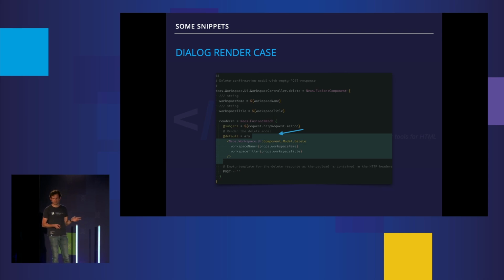We have render cases. We had a lot of them in the beginning, and then after some iterations, we cleaned it up and didn't need so many anymore. So for example, if we want to call the delete dialog action, if we make a get request, we request the fragment that renders the content of the dialog, and if we make a post request, we don't need to render anything because we only get the header back that tells us okay or error or something like that.